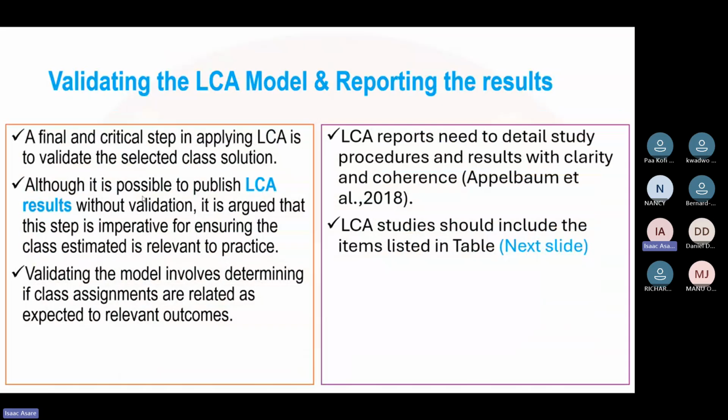You need to put all this information out there for people to know that you excluded this group of people and you included this group of people in the study. So we are saying that try and describe the participants in detail.